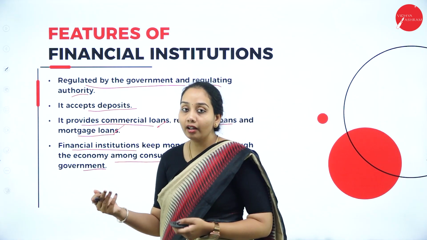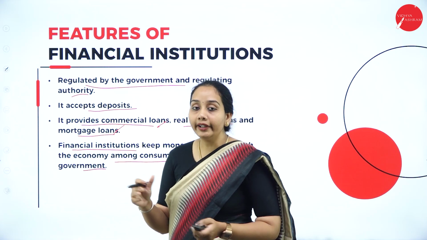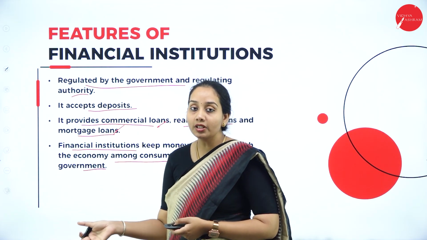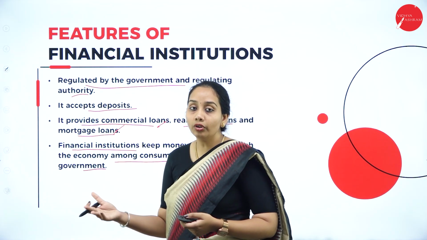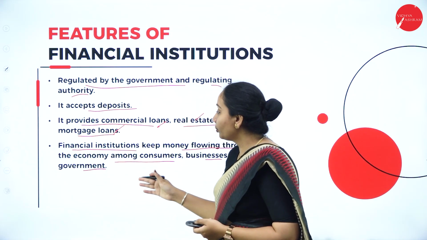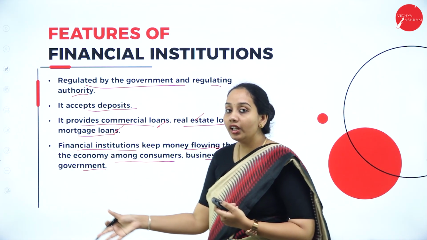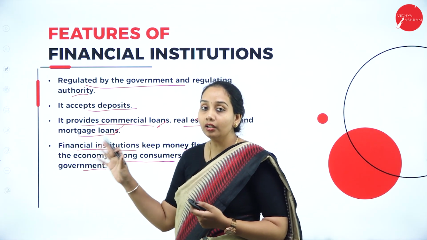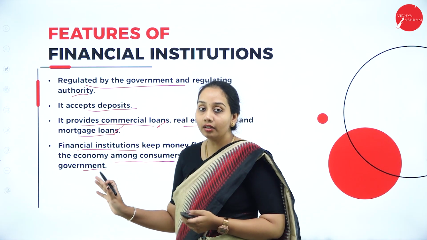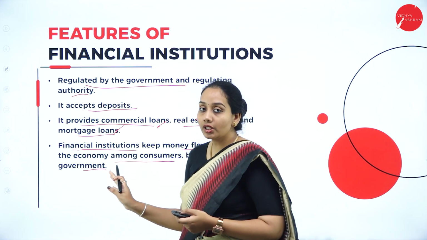So they act like a bridge between the economy and the consumers, and contribute to the easy flow of money in the country. So these are the features of financial institutions.